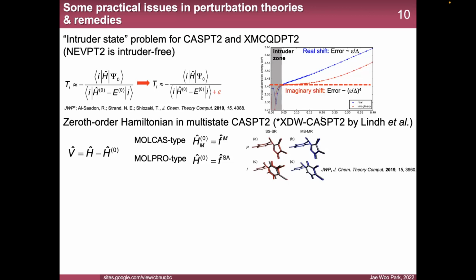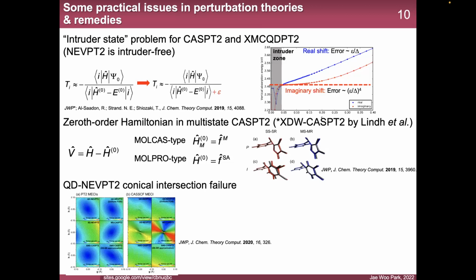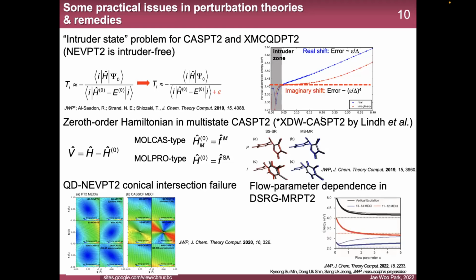But I should mention that there was a wonderful theoretical advance by Professor Lindh's group that developed the XDW-CASPT2, which mixes this kind of MS-type zero-order Hamiltonian and XMS-type zero-order Hamiltonian. In DW-PT2, there is some failure in evaluating the potential surfaces near the CASSCF conical intersections. There are some anomalies on the potential surface, so you should be careful when you are considering the conical intersections computed by CASSCF, not PT2.